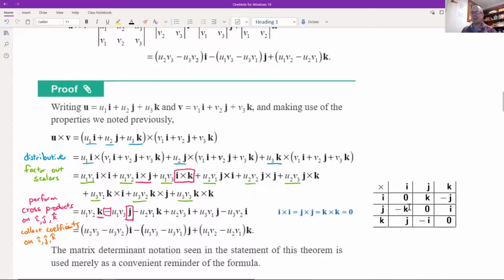This gives you a summary of the results. If we do I cross J, the result's K. And we have this anti-symmetric kind of nature to this chart, where if you've got K on one side of the diagonal, you've got negative K on the other side.